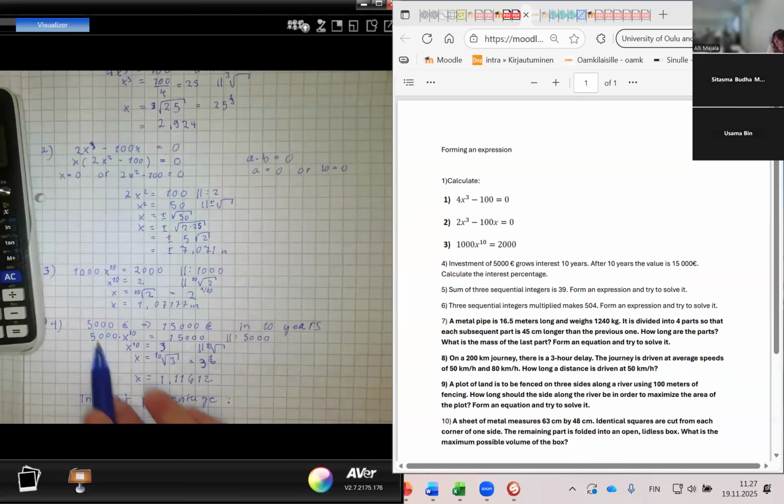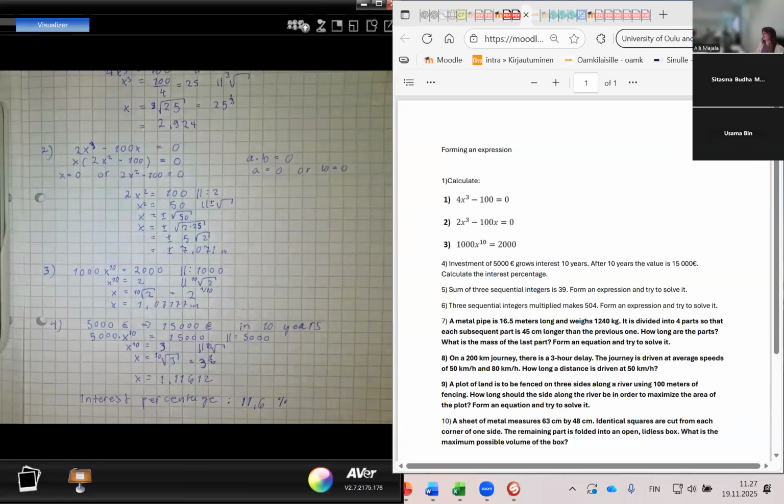So it's always itself and then a little bit more. But now it's even about 11.6, which is quite a lot. I remember that there used to be some kind of high interest accounts where you could put money.